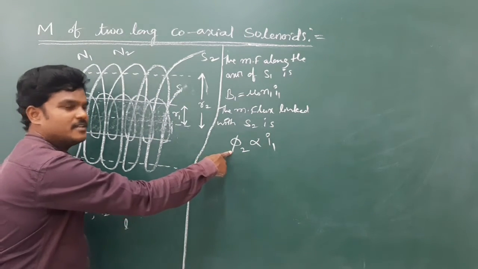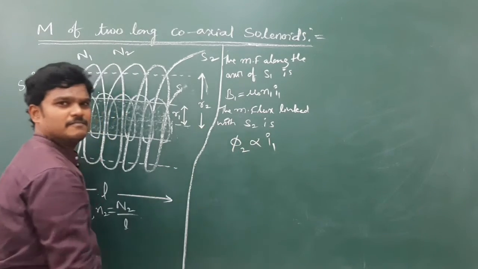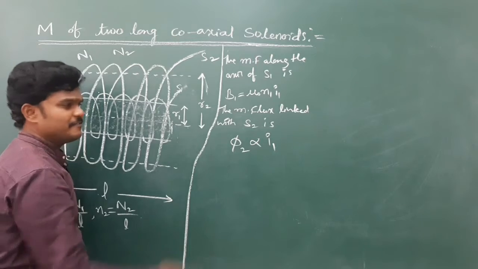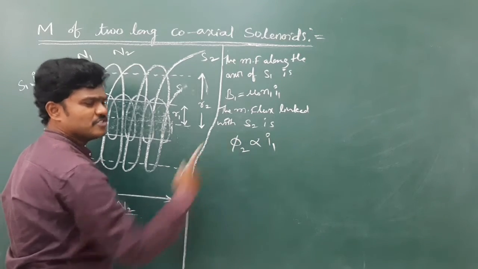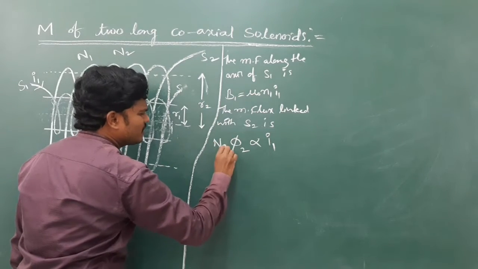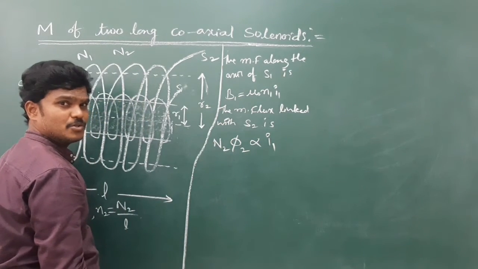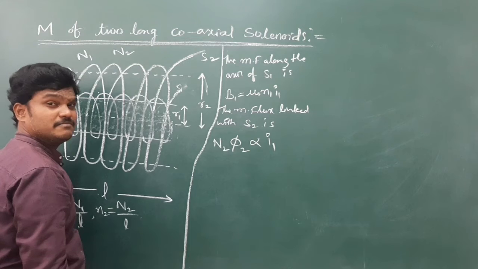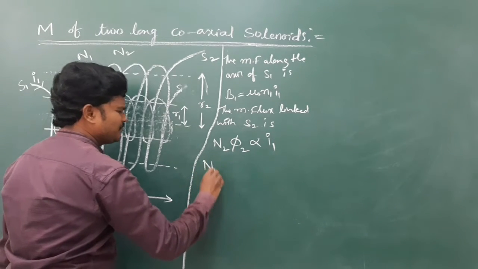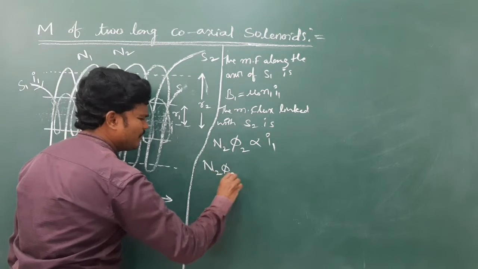Flux in secondary is proportional to current in primary. If one turn is there, phi 2 is proportional to I1. There are N number of turns, let me write N2, N2 number of turns in the secondary coil. Now this can be written as N2 phi 2.